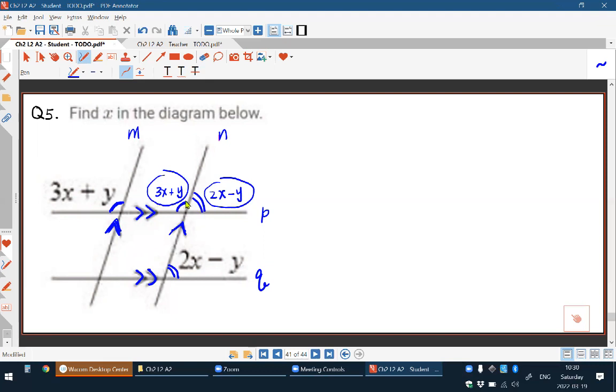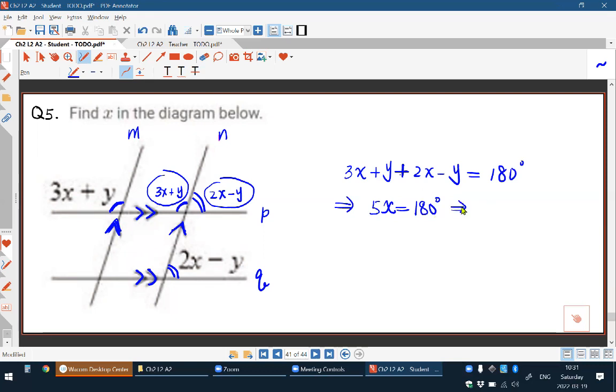Then because this angle is a straight angle, right? So that means 3x plus y plus 2x minus y equals 180 degrees, right? And luckily we can cancel the y here. This gives us 5x equals 180 degrees, right?